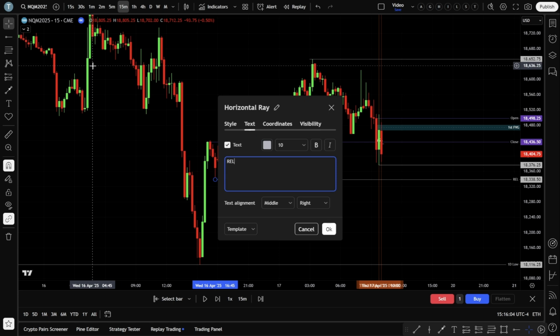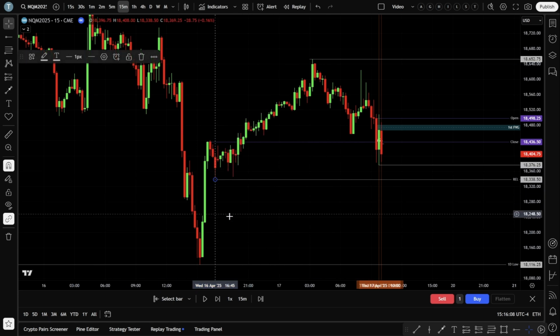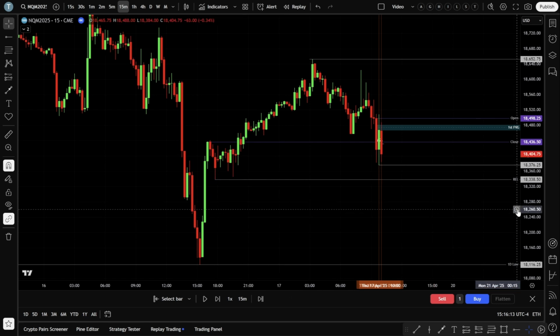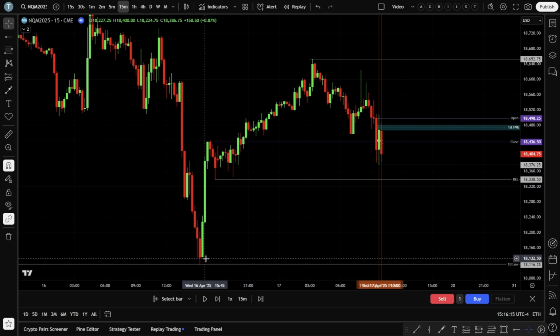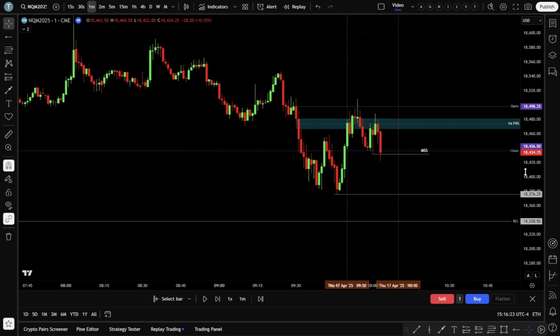So those are relative equal lows, and that's going to be a target for us if we are bearish. And you can see our daily low down here. So back to the 1-minute chart, we have a market structure shift bearish there.